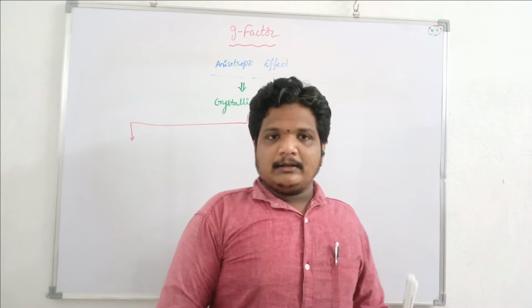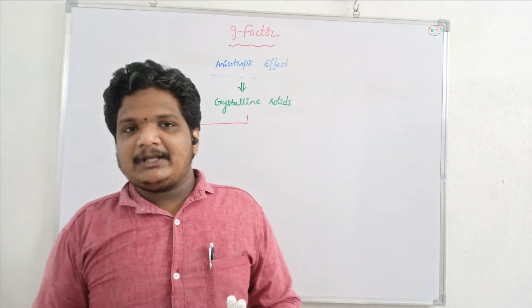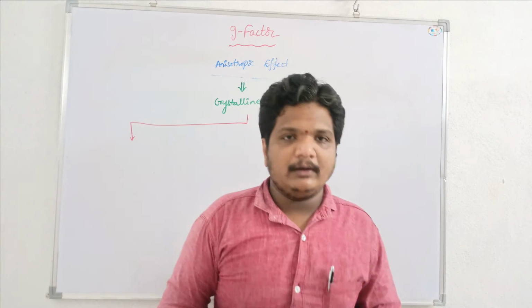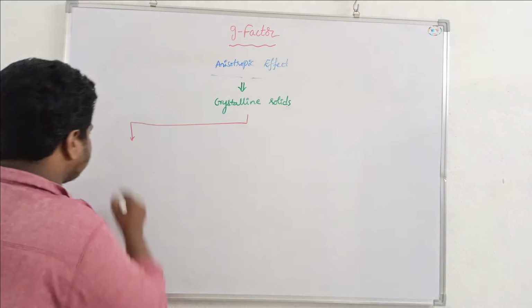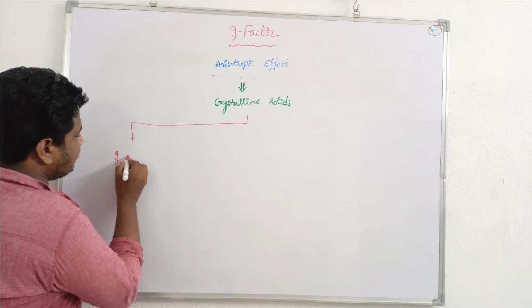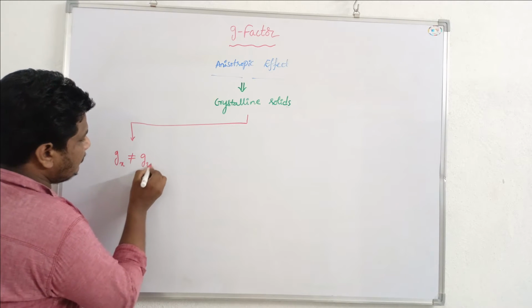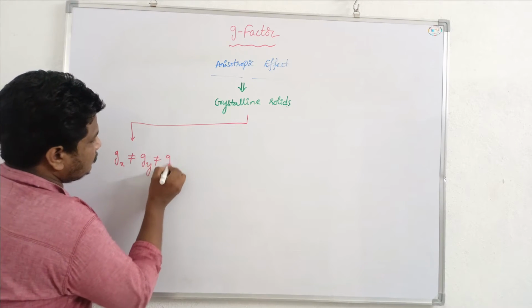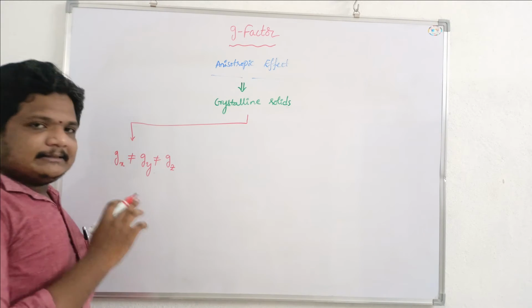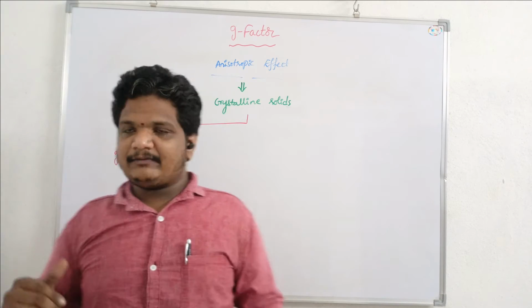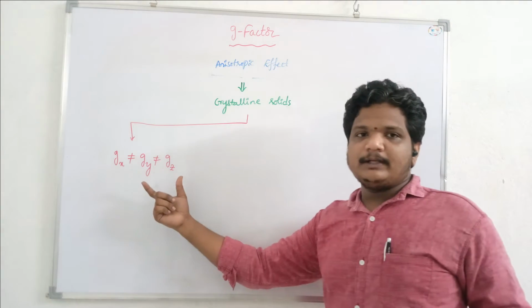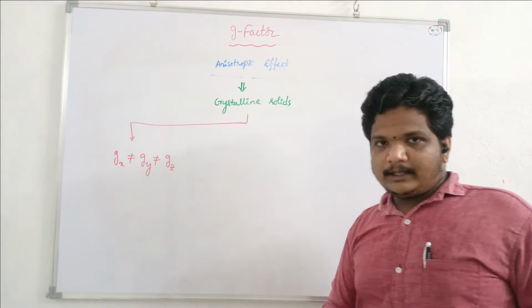In that case, different g values can be observed along the x-axis, y-axis and z-axis. So gx is not equal to gy and it is not equal to gz. This is the case of non-symmetric molecules. This kind of compound does not have symmetry.